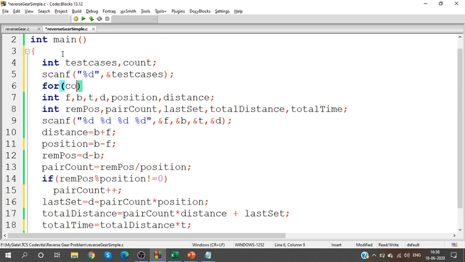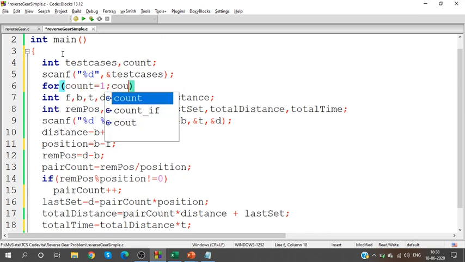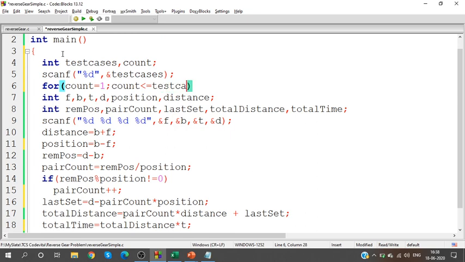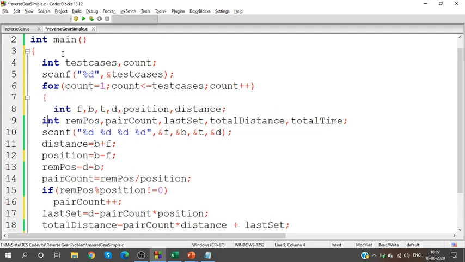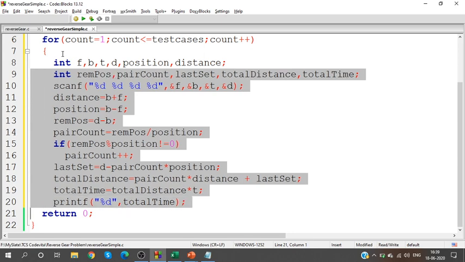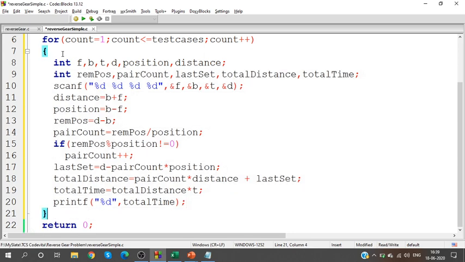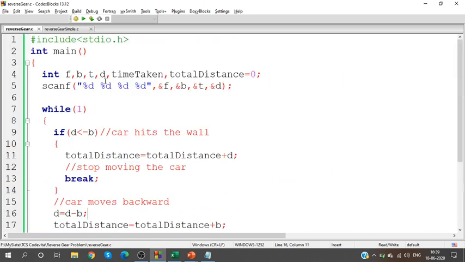Okay, so for count equal to 1, count less than or equal to test cases, count plus plus. So for all the test cases, for many cars, get all the values and print the values. Okay, so add a slash in between them. That's it. The same process will be repeated for multiple cars in this solution as well as in your naive solution.